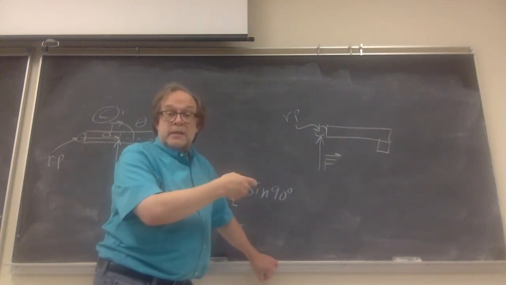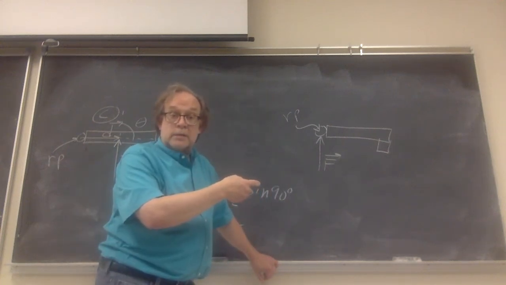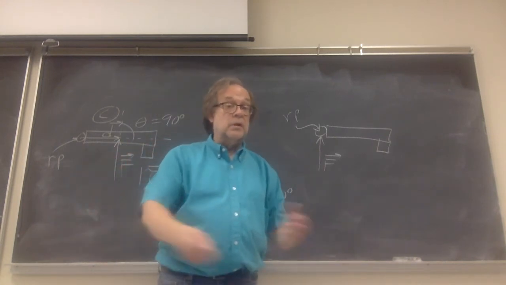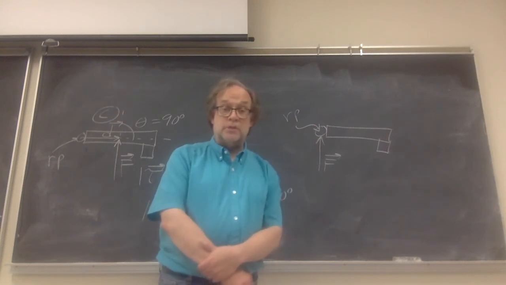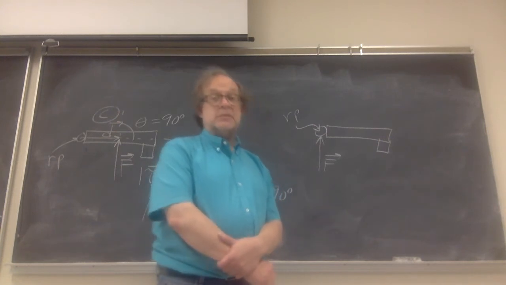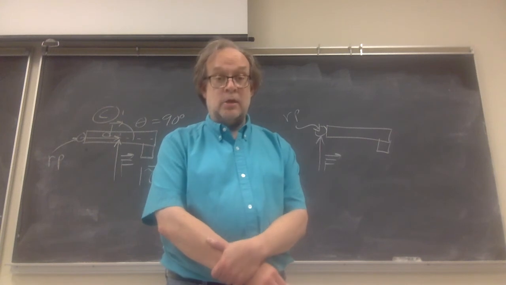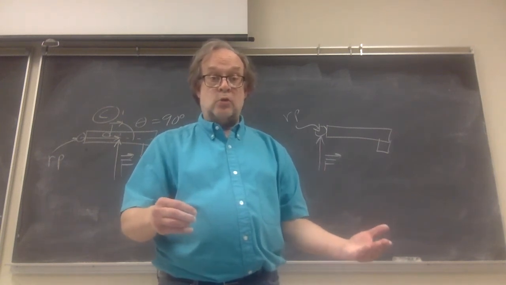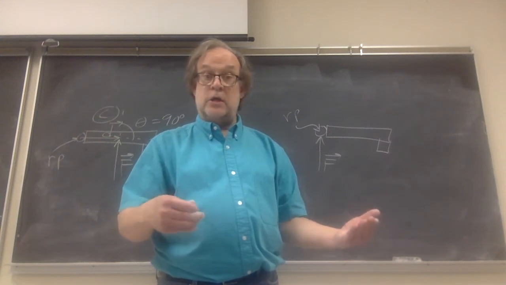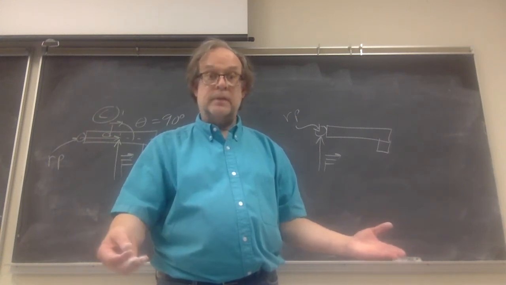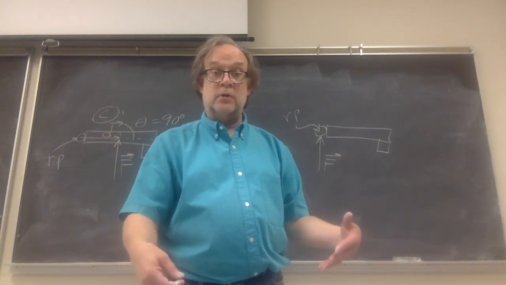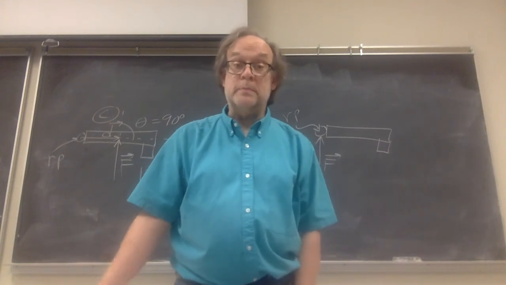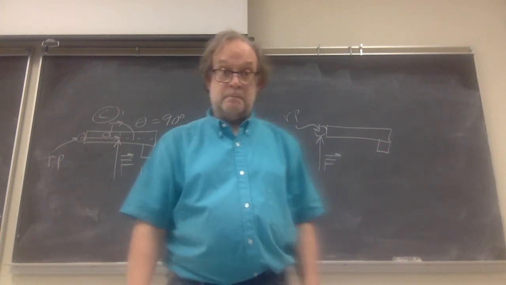In other words, it maintains a constant angular velocity, constantly zero. But constant velocity means zero acceleration. Constant angular velocity means zero angular acceleration. And if there is no angular acceleration, that's because there is no torque. If there is torque, there must be angular acceleration. So if there's no torque, there won't be angular acceleration.